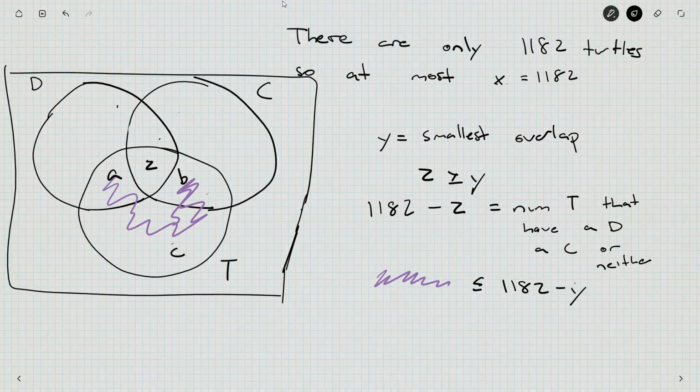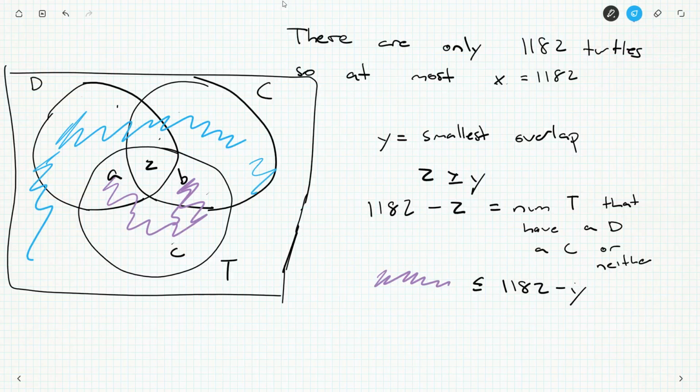So what's left over to work with is all this blue stuff, which is 2017 minus the turtles. And that doesn't really give me any inequality stuff.